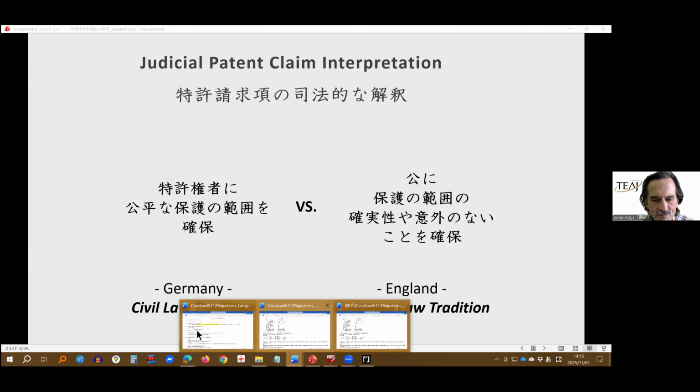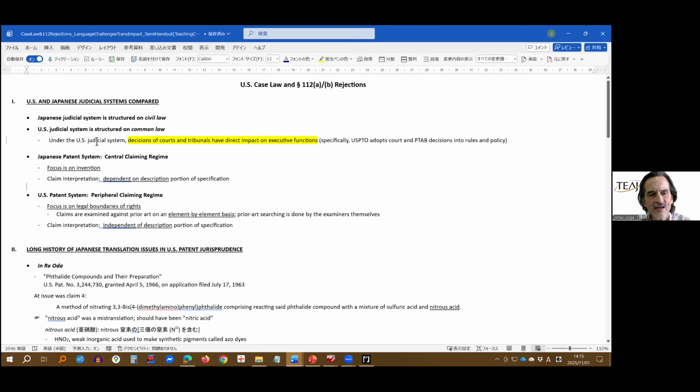And I believe that difference has an impact on how claims are examined, and these terms are not my terms. They're in Wikipedia. This term central claiming versus peripheral claiming.